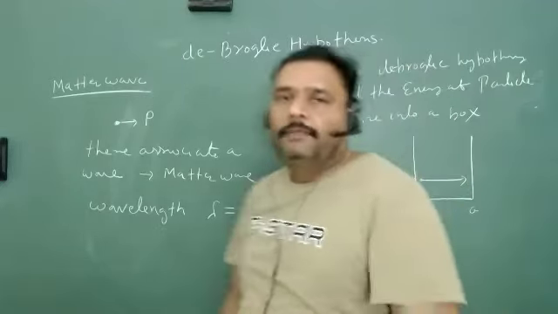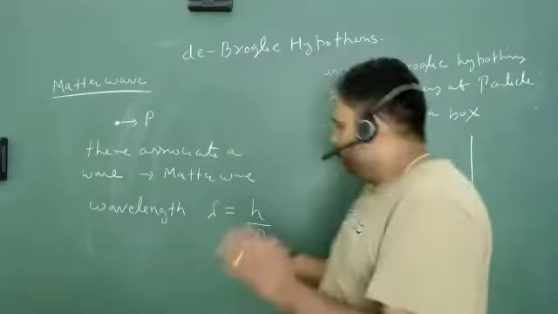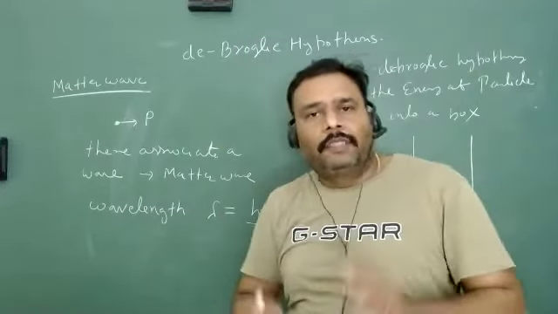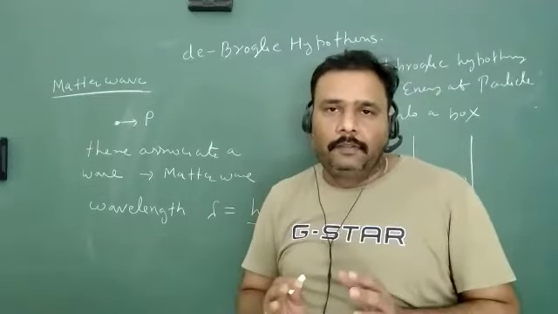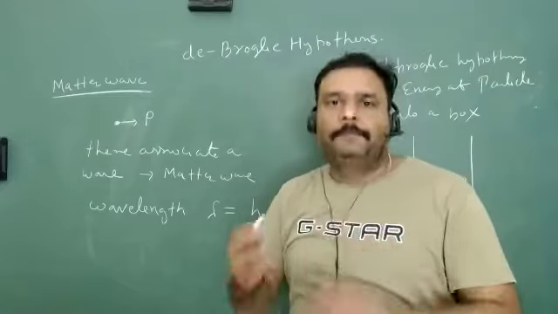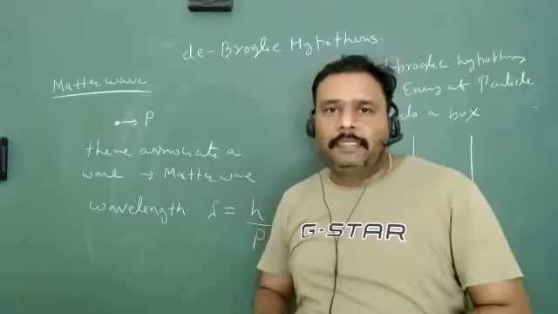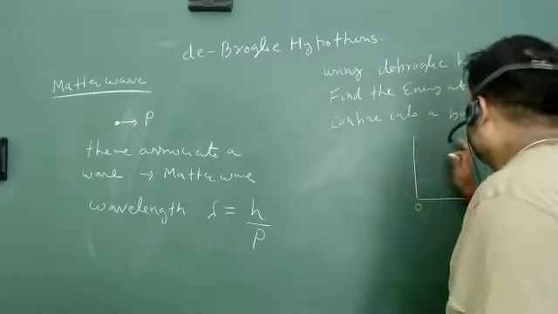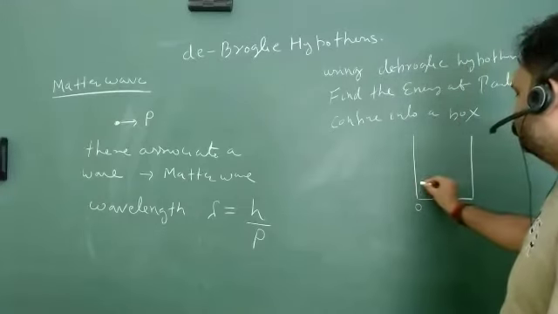Now what is the meaning of that? If a wavelength is associated, then that wave will follow exactly the same pattern of the fundamental mode, first overtone, second overtone and so on. It must follow that. So what can be the possibilities?